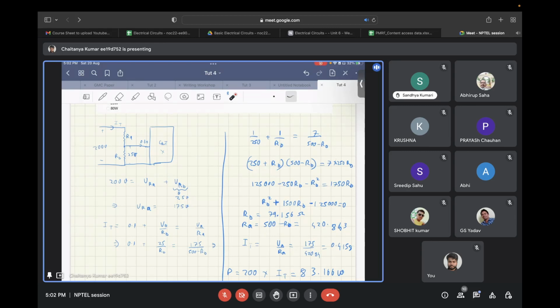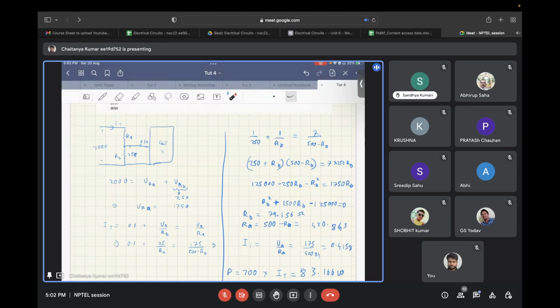And since in the question it is given that RA plus RB is 500 ohms, RA can be written as 500 minus RB. If you solve this, you will get a quadratic equation in RB. When you solve it, you get the value of RB as 79.156 ohms.